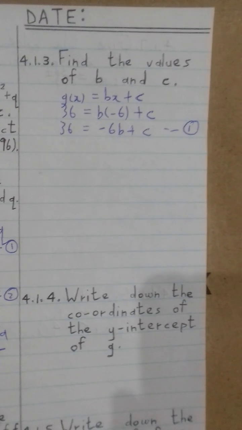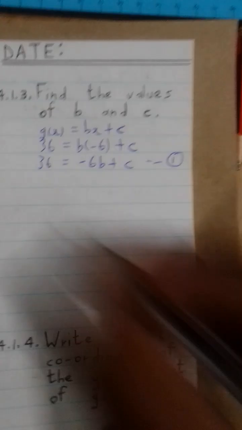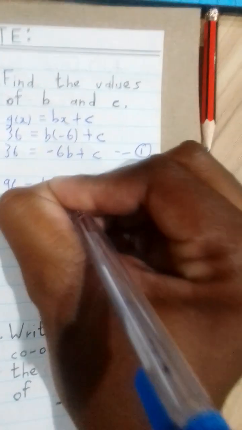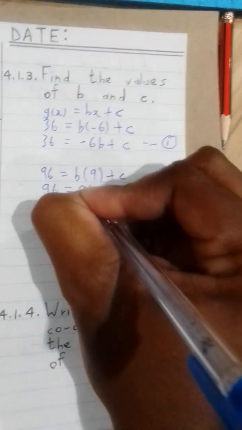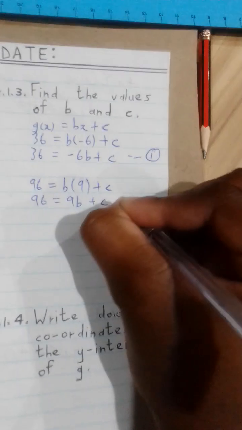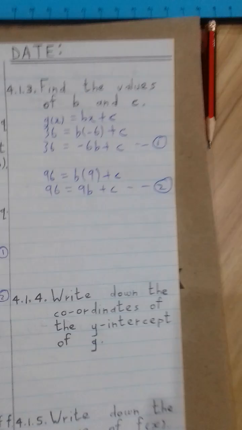Equation number 1. Then we substitute the second one. x is 9 and y is 96, so 96 is equal to 9b plus c. This is equation number 2.